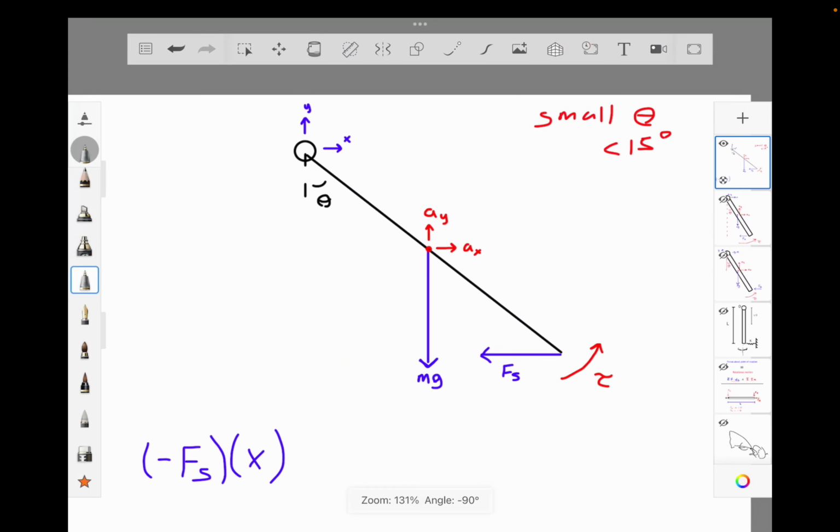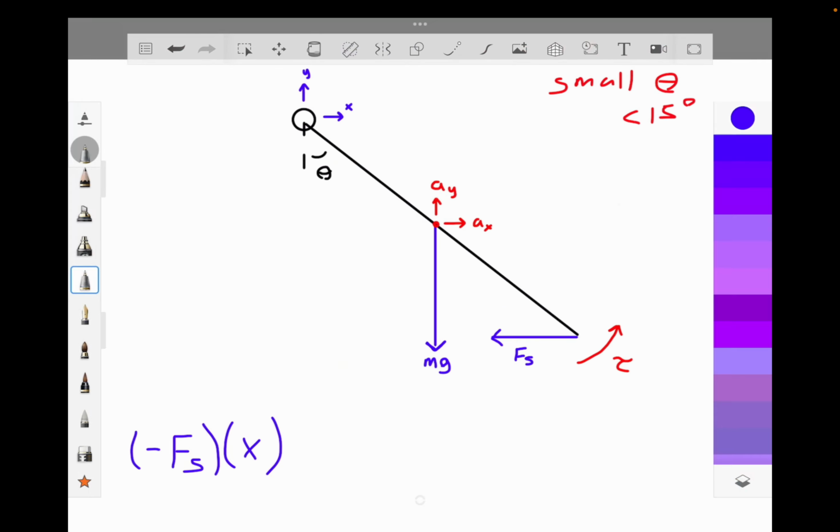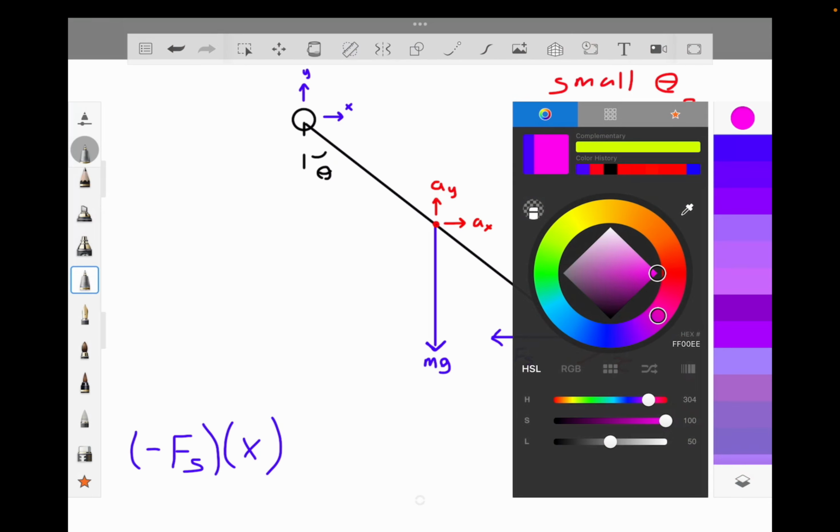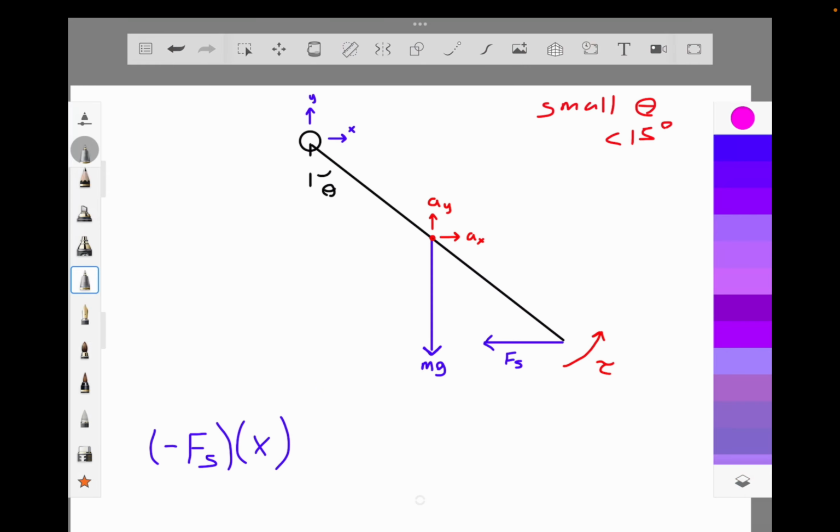And so the distance from the point of rotation perpendicular, let me use pink, is going to be this length right here. Right? Because we're not counting the whole length, because that would not be perpendicular. We're counting the vertical length itself as the perpendicular length. So now we got to do some trig.